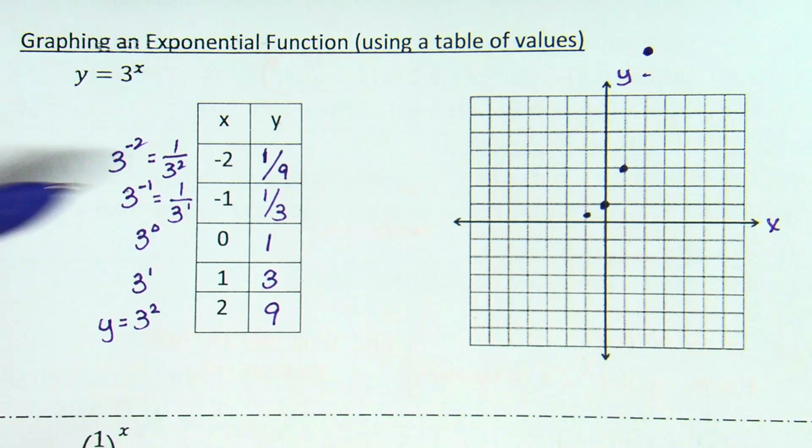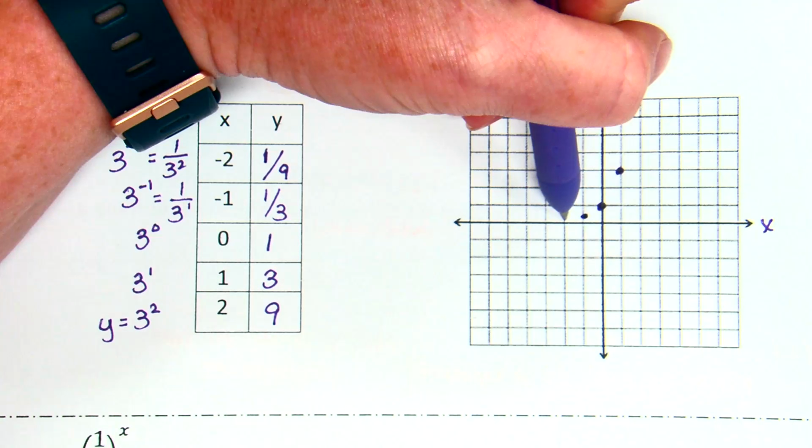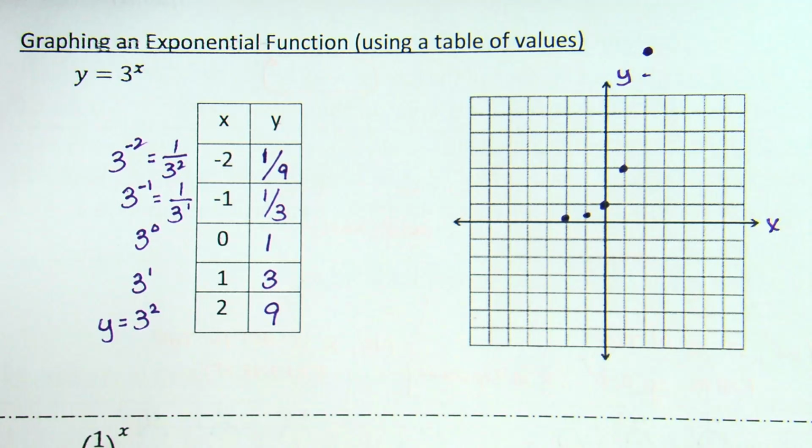Last time we went up 1 whole box. 1/3 is less than that, so we're only going to go up 1/3 of a box. And you're just estimating there. And then -2, 1/9. Left 2, and this time we're going up 1/9 of a box. Almost the top of that. So I'm going up barely any.